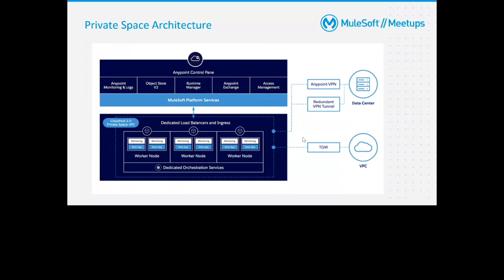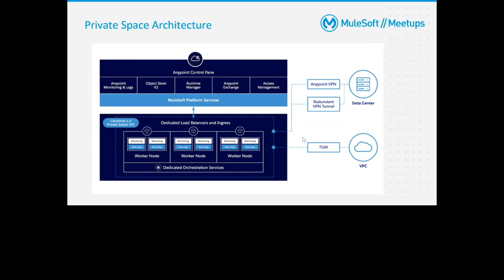So what is VPN tunneling? VPN tunneling is one-to-one communication, meaning one private space is connected to one private network, or a data center, or any kind of Azure web services. But transit gateway acts like a hub.